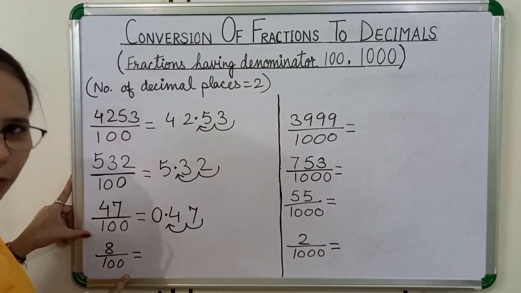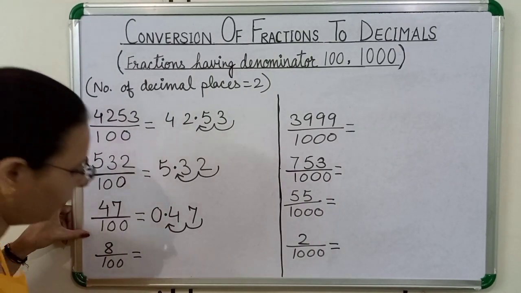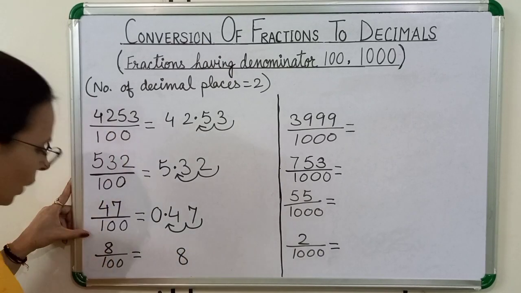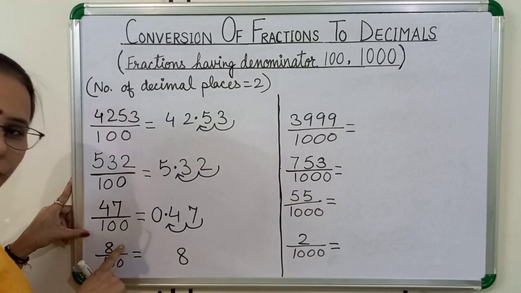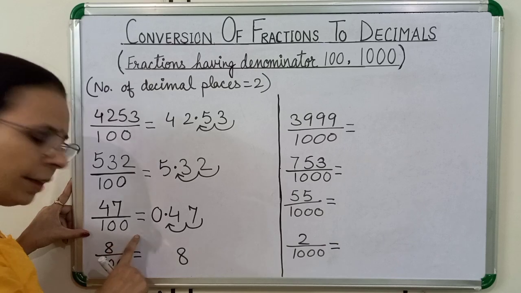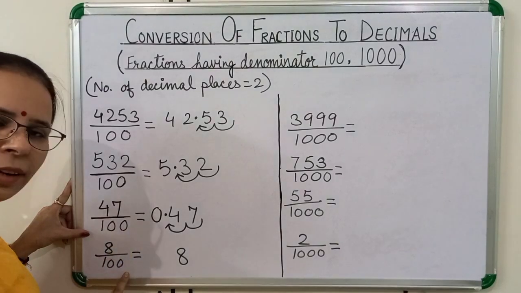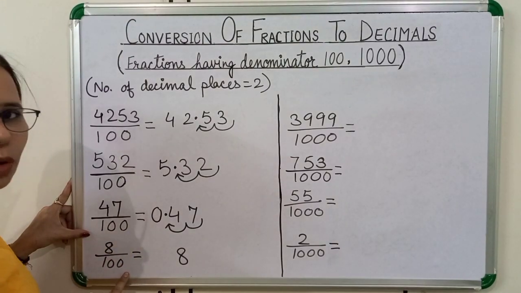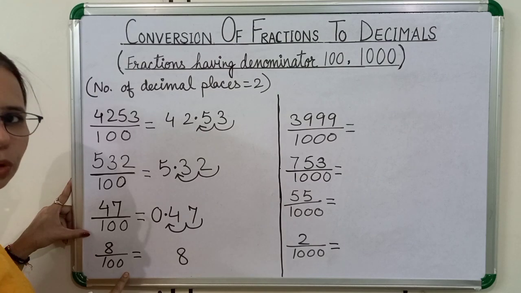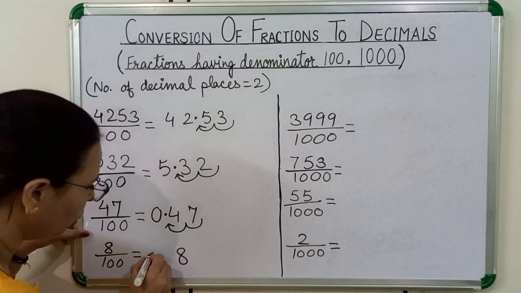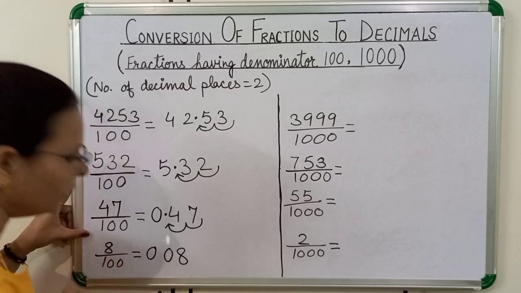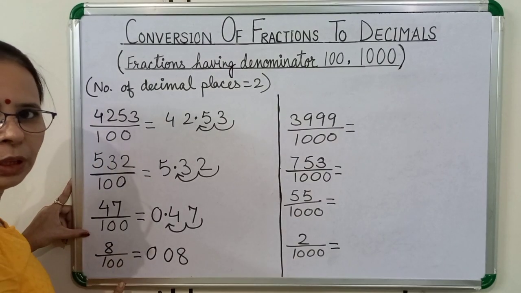Now we will see last example. Here first we will write numerator as it is. You can see here in this fraction numerator is single digit and denominator is 3 digit. So what we will do? We will add 2 zeros before 8 to get same number of digit as in denominator.